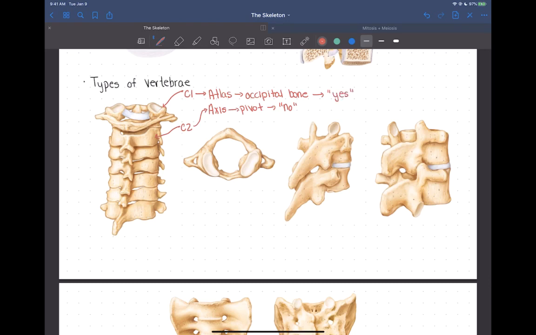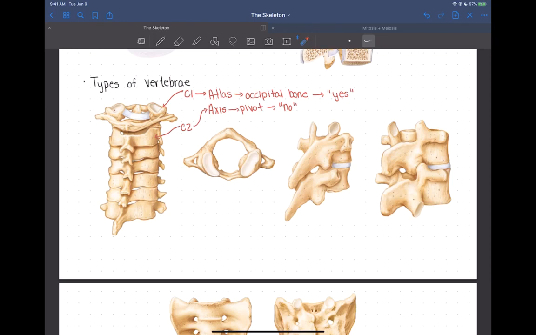So the joint, if we were kind of to put this into words, the joint or the articulation between C1, all right, and the occipital bone allows you to say yes or nod your head. The articulation between C2 and C1 allows you to say no or move your head left to right.